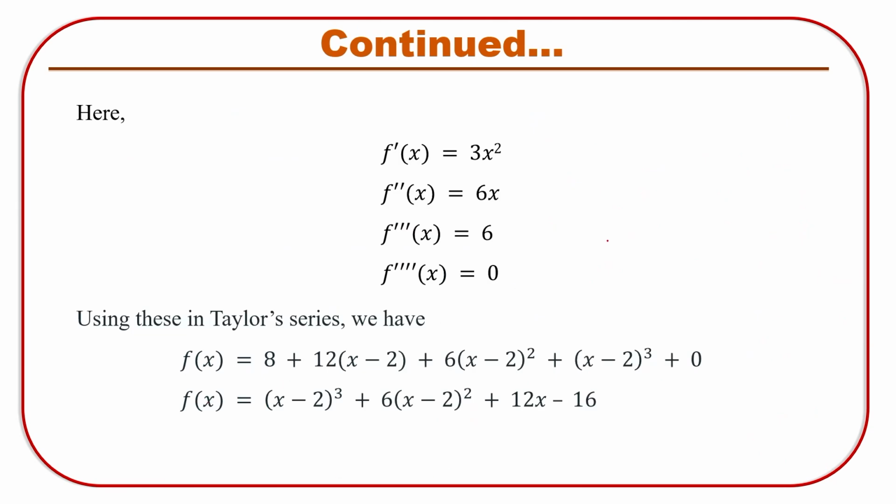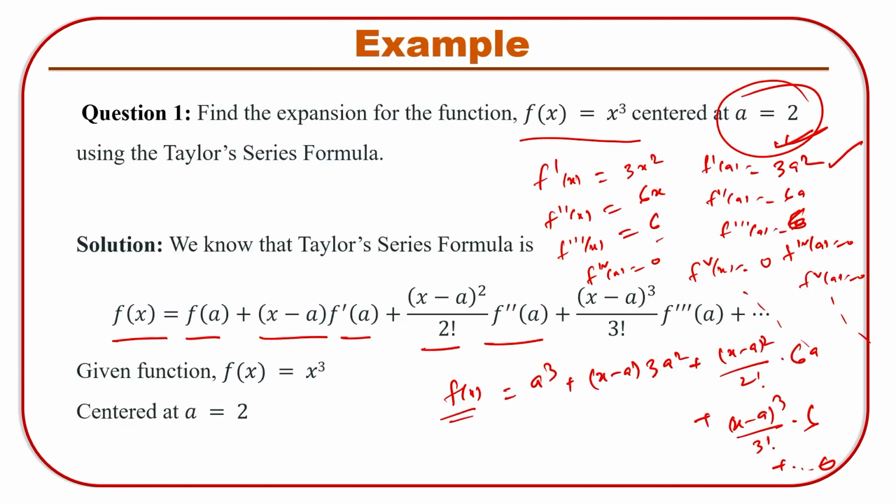So, this f(x), that is x cube, is equal to a cube, that means 8, plus (x minus 2) into 3a square, so 3 into 4 is equal to 12, plus (x minus 2) whole square by factorial 2 into 6a, 6 into 2 equals 12, divided by 2 gives 6, and plus (x minus 2) whole cube divided by factorial 3 into 6, this will cancel out. So, this will be your answer.